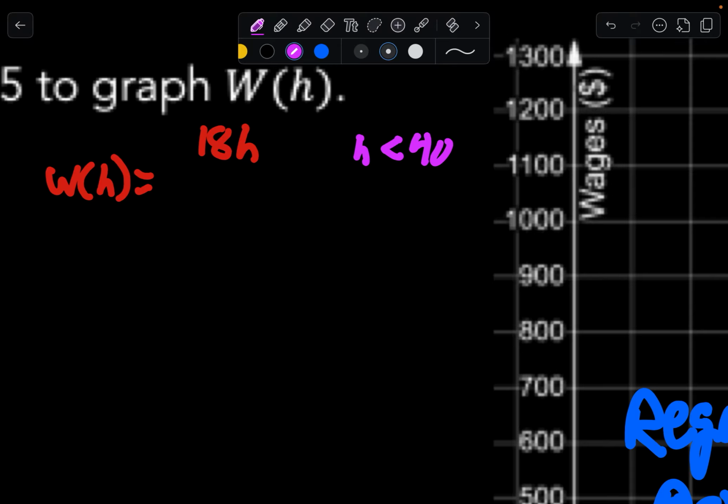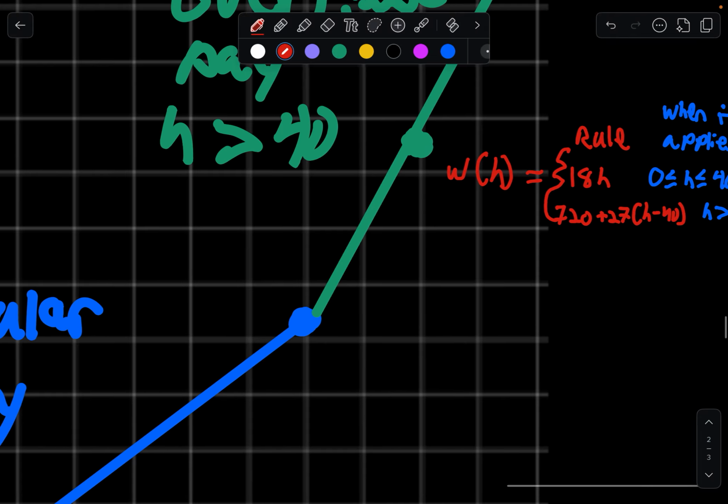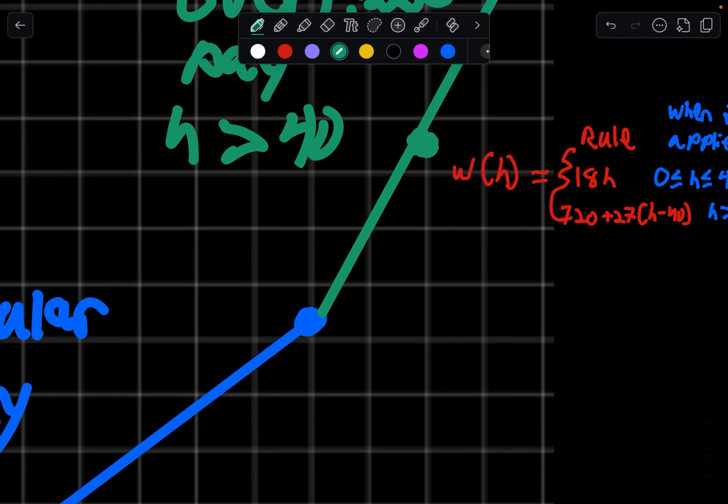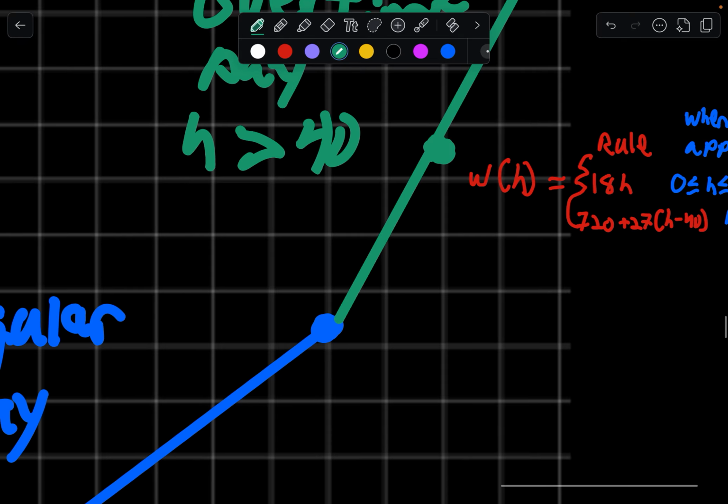It's going to equal, now this might get a little hairy, think about what the equation should look like for the green. It has a starting point at 720. That's this value right here. And then it has a slope of 27.